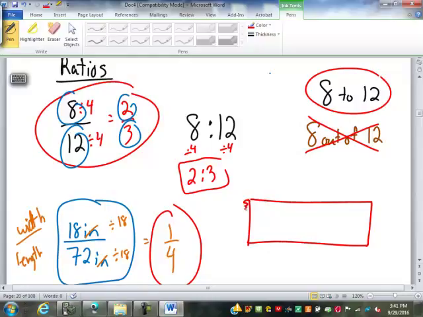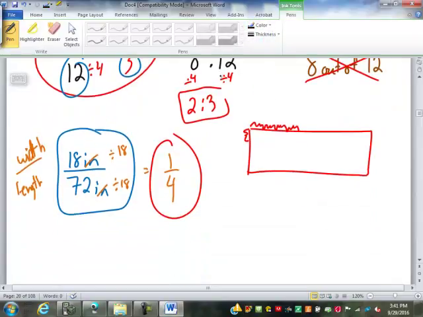That's just saying for every 1 unit of width, there are 4 units of length. So it could be 1 inch of width, there's 4 inches of length. For every 1 centimeter of width, there's 4 centimeters of length. For every 1 foot of width, there's 4 feet of length. Doesn't matter what units.